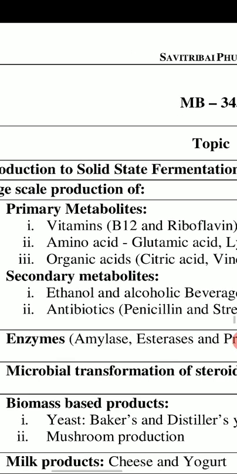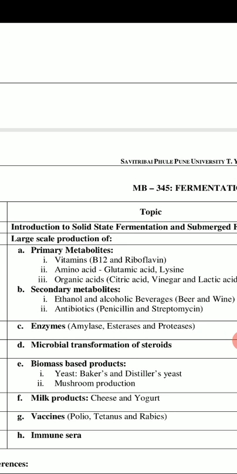The second point is amino acids. You all might know that amino acids are organic compounds that contain three important types of groups: one is the amino group, the second is the carboxylic functional group, along with the side chain, which is also known as the R group.